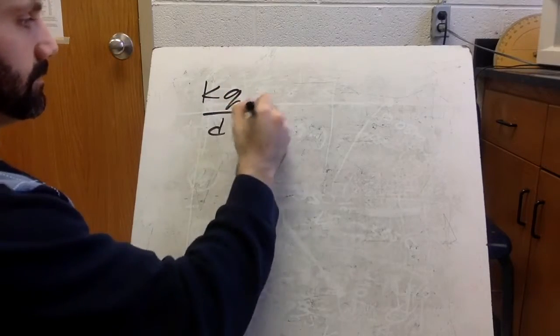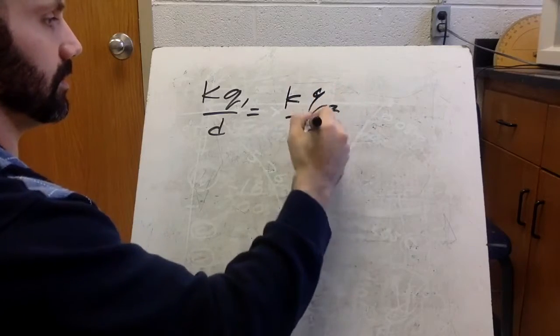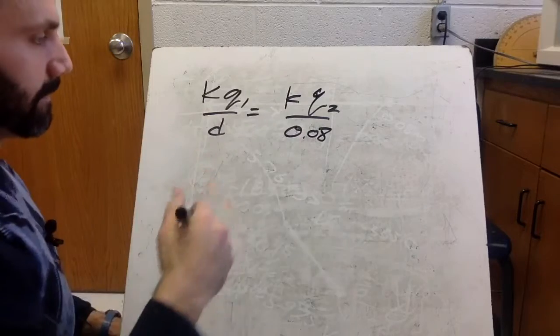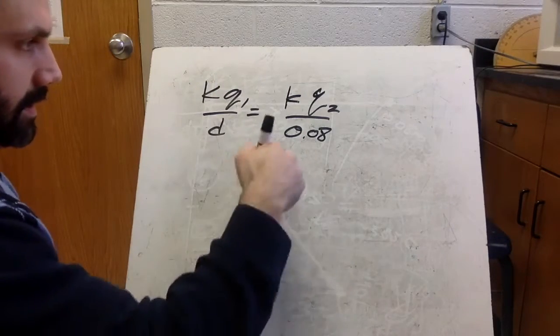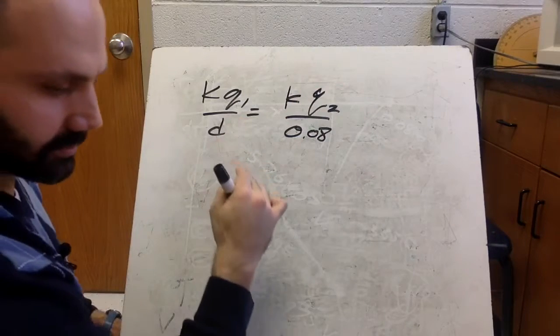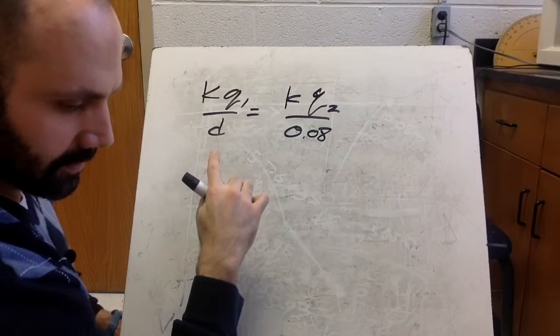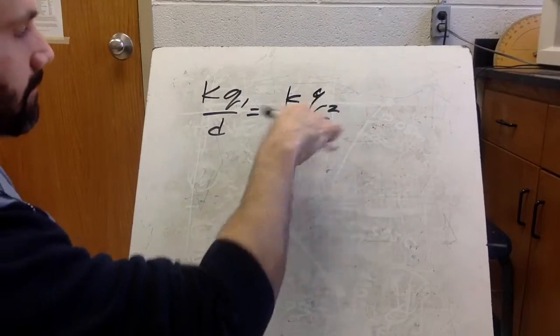All right. So that allows me then to set up this equation. kQ1 over d equals kQ2 over 0.08. All right. And now this value is the asymptote. And then what am I doing? I'm solving for Q2, I'm just solving for that.